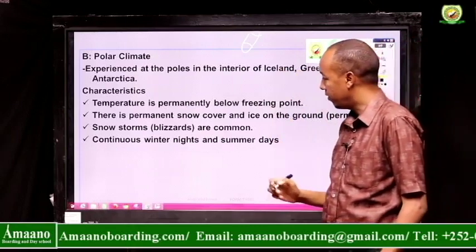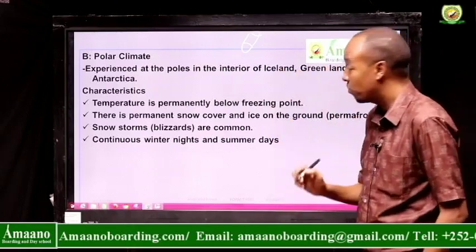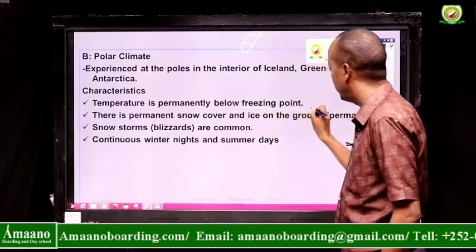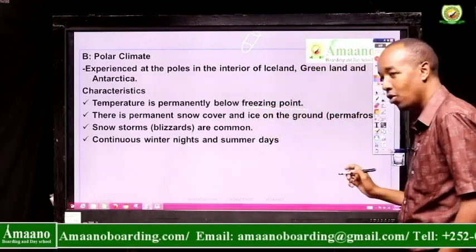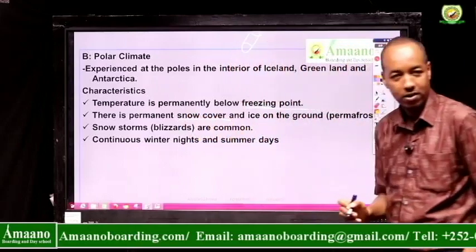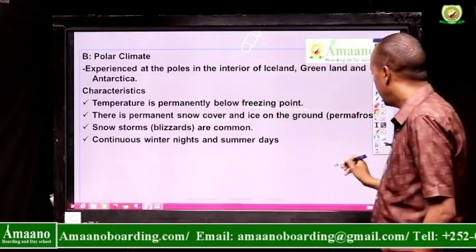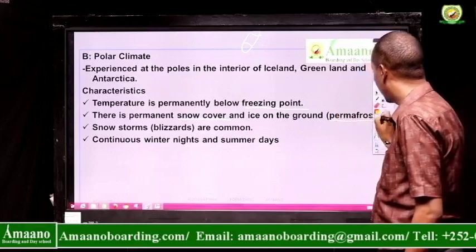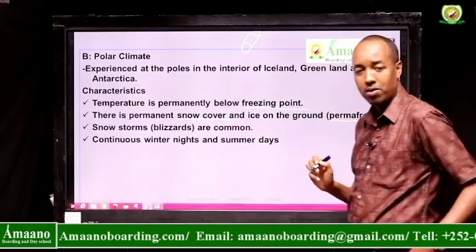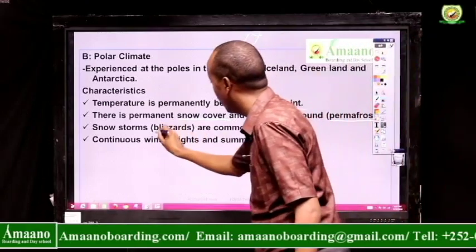What are the characteristics? The temperature is permanently below freezing point. The temperature all the time is below 0, and there is always a permanent snow cover. It's difficult to see even the sand and the soil. That's called permafrost. The land is completely covered by ice, and the storms that are common are called blizzards.